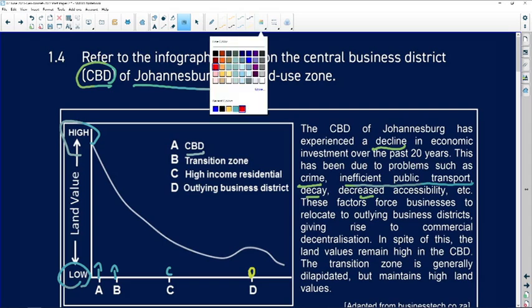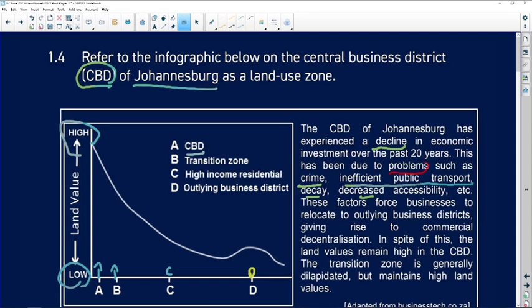Just think of the congestion that we experience in Johannesburg CBD. So we identify the problems. So what has happened over the years? These factors force businesses to relocate to outlying business districts. So there's Johannesburg CBD. So businesses relocate, and I'm going to use Sandton as the example, giving rise to commercial decentralization.